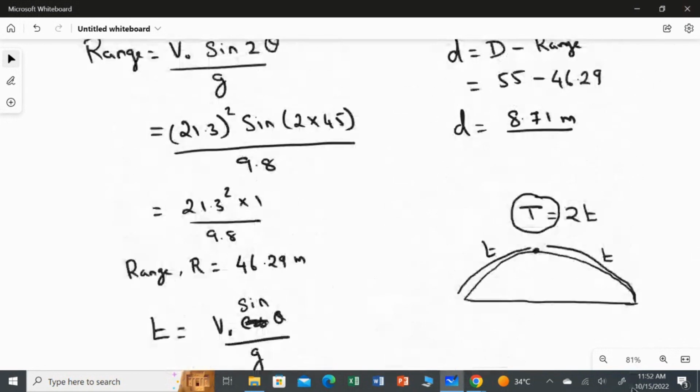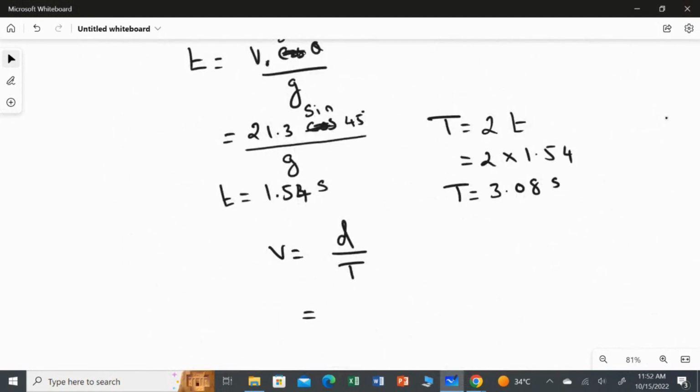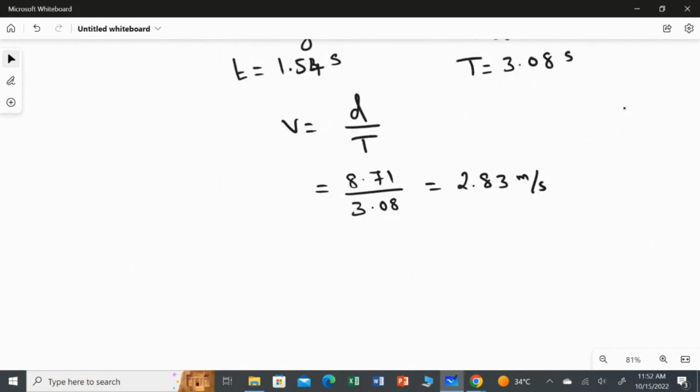In the first part, we found the distance as 8.71 meter. 8.71 meter divided by 3.08 gives 2.82. 2.827 we got, so I'm going to write 2.83 meter per second. So the final answer, the speed, is 2.83 meter per second. Clear?